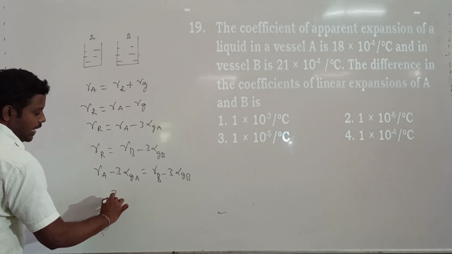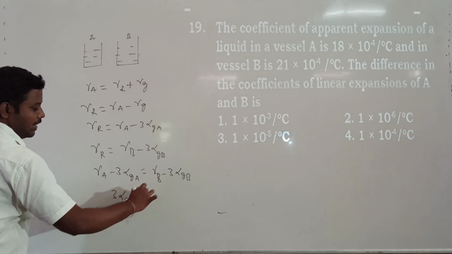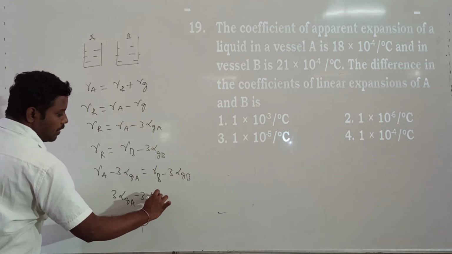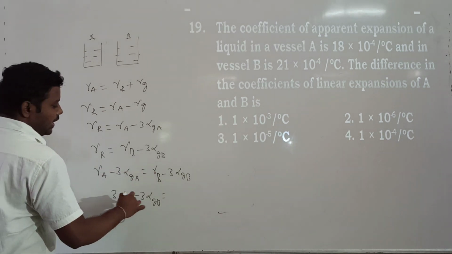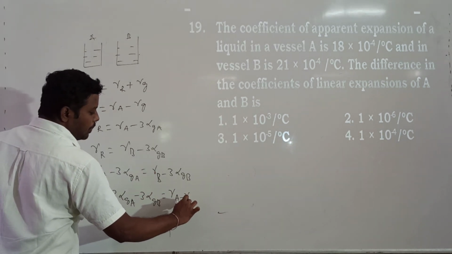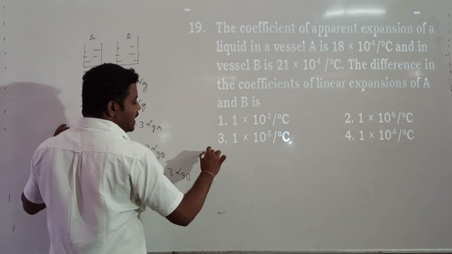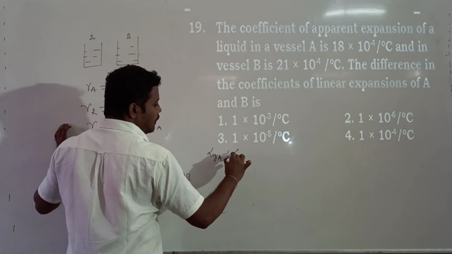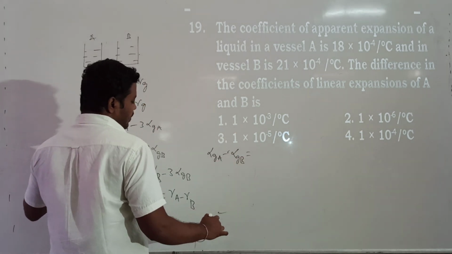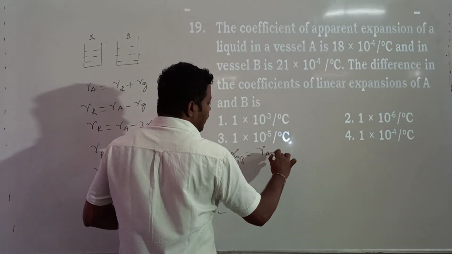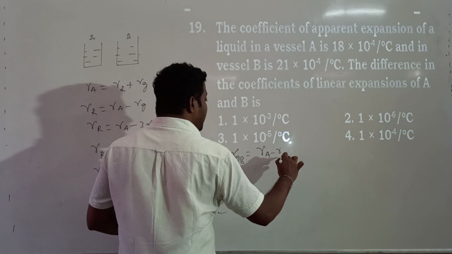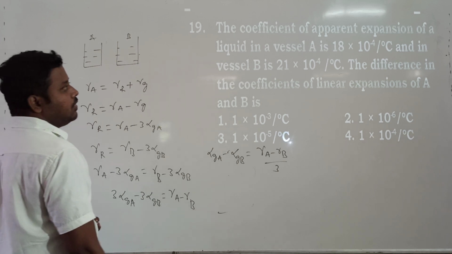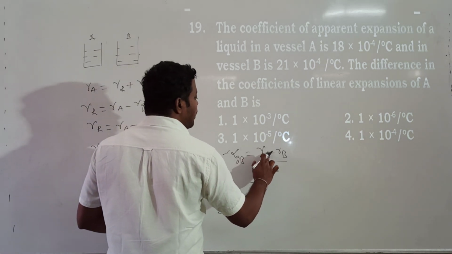So we get 3 alpha G_A minus 3 alpha G_B equal to gamma B minus gamma A. Now, what is alpha G_A minus alpha G_B? It will be equal to gamma B minus gamma A divided by 3. Okay, what is gamma A? The apparent expansion value is given.